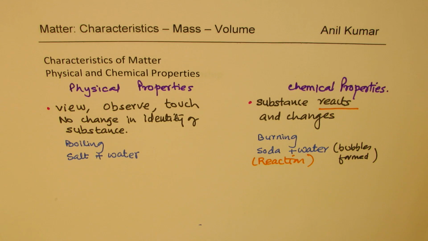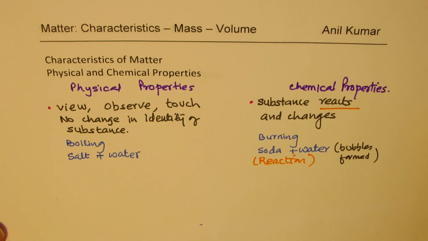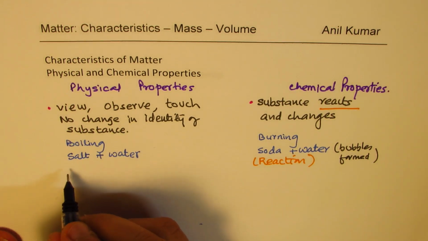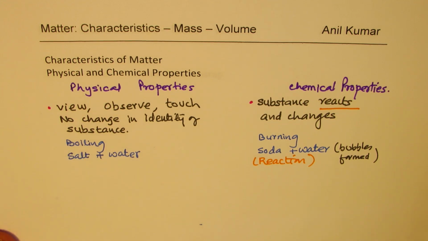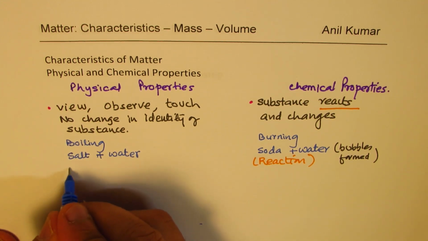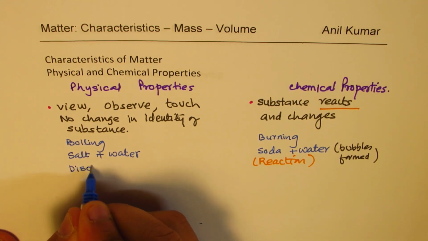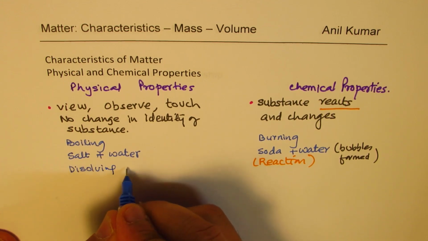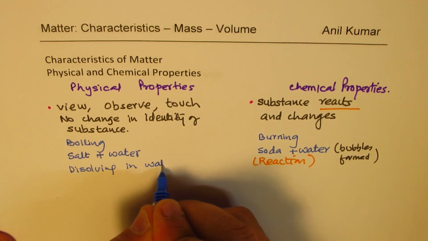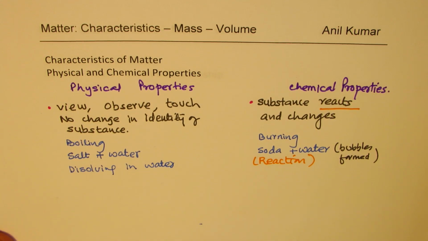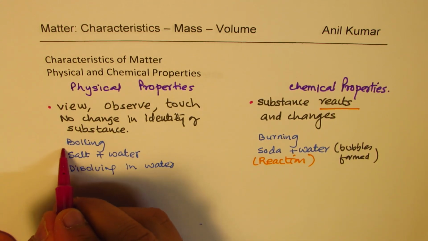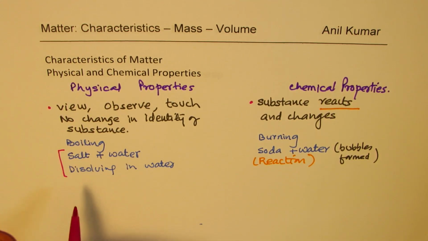We say it dissolves. So the physical property here is whether a substance can dissolve. So the property is dissolving in water. When you add salt to water, the property is to dissolve in water.